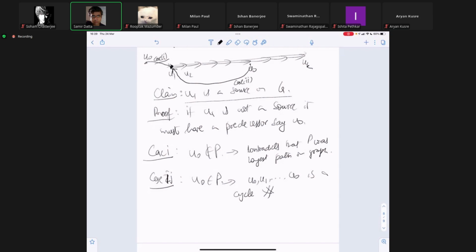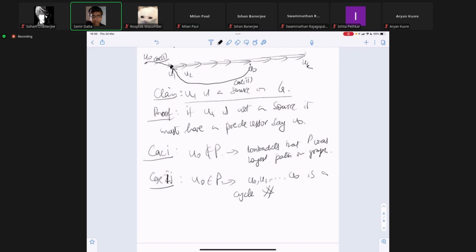Correct? Another way to see this is very simple. You just take a vertex which has predecessors, look at one of its predecessors. If it doesn't have a predecessor, you are done. Otherwise, look at another of its predecessors and so on. In finite time, you must reach a vertex which does not have predecessors, because vertices cannot be repeated, because that would cause a cycle.